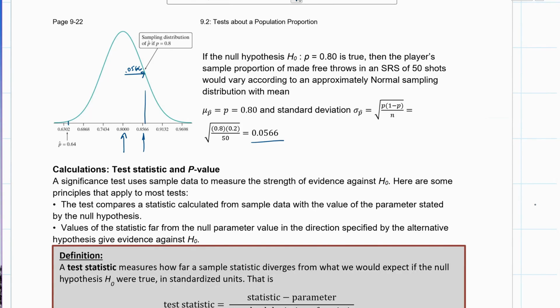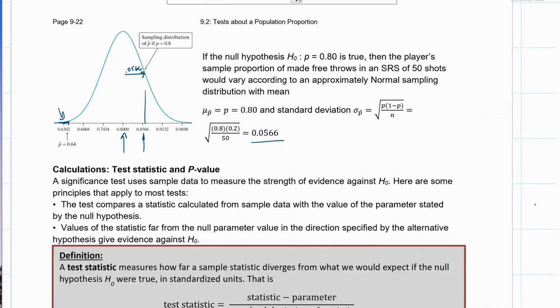Now, while I could directly calculate the probability of being in this little tail right there, the College Board requires, and statistical professions require, the calculation of something called the test statistic.